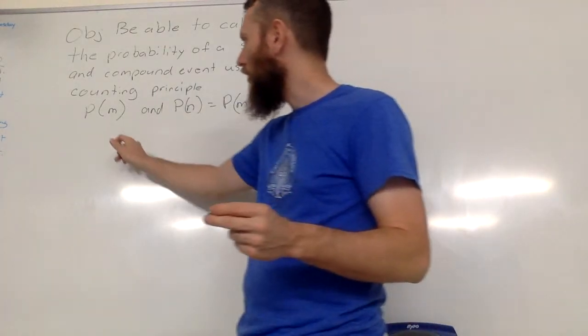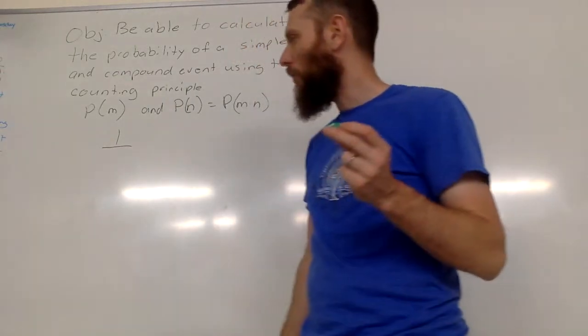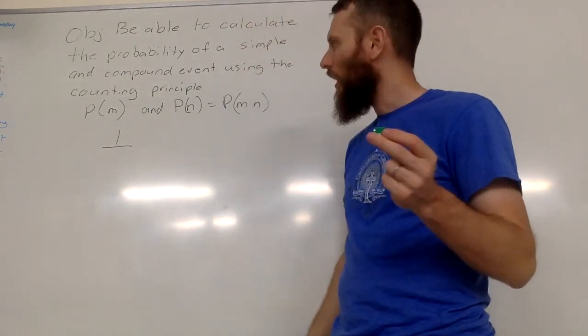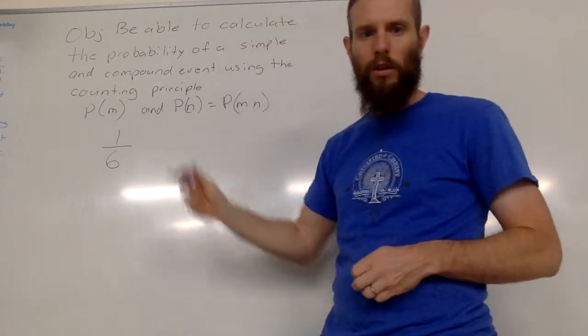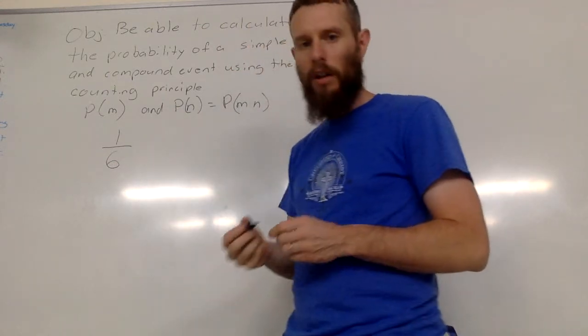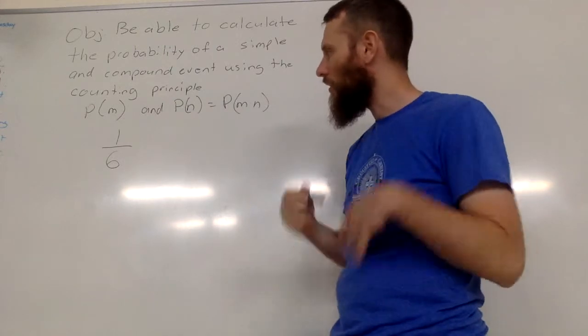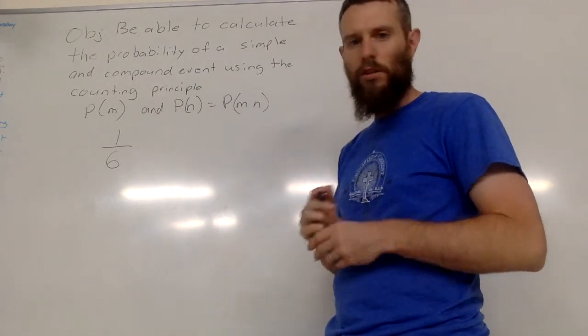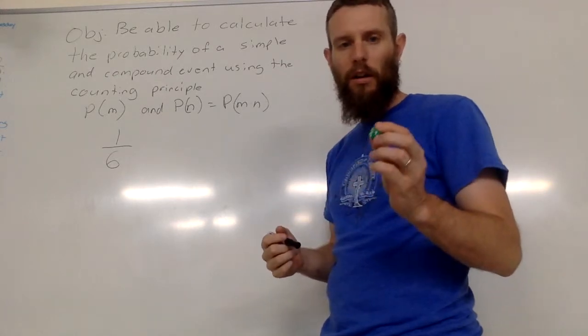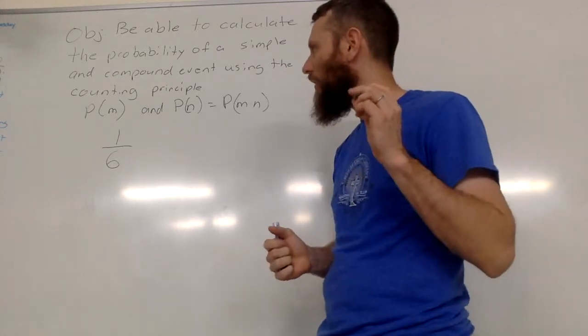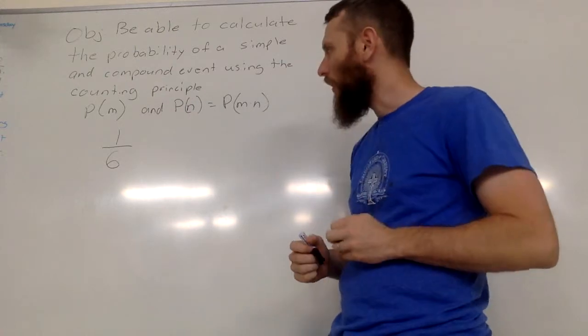So there's one chance of it landing on a 3 out of 6 possible outcomes. There's one favorable outcome, and 6 total outcomes, so I have a 1 in 6 probability of rolling this die and having it land on a 3.